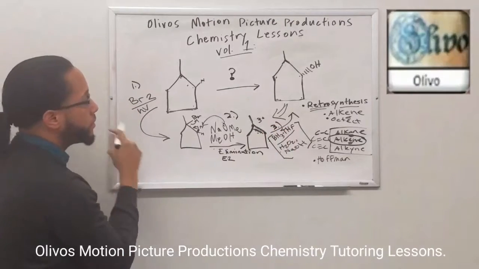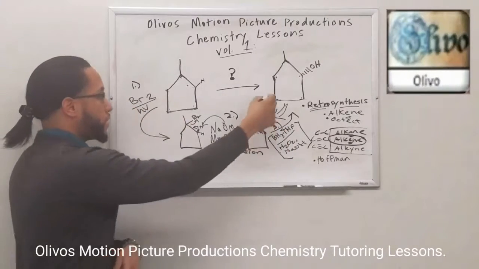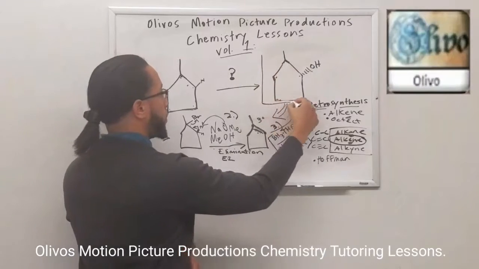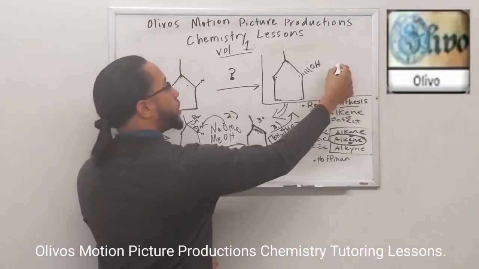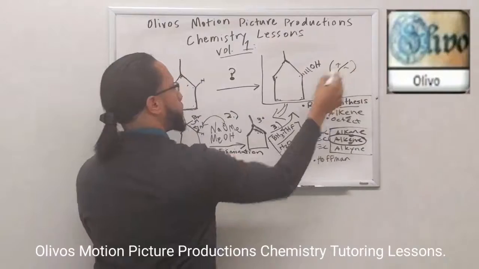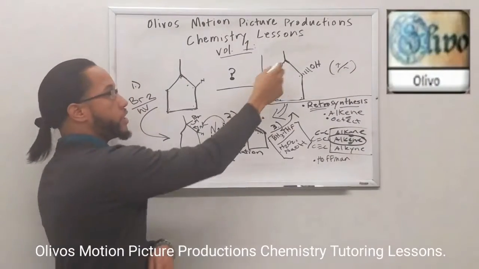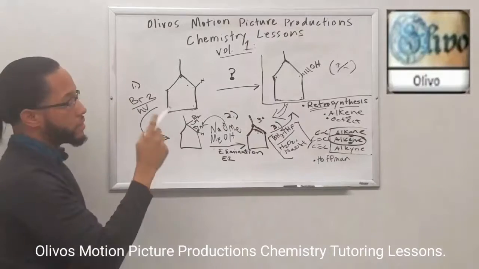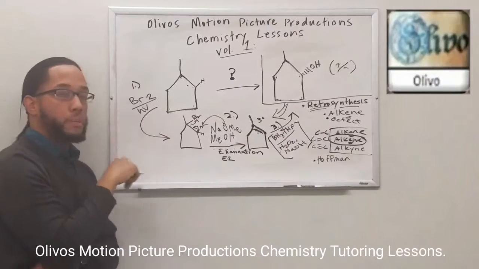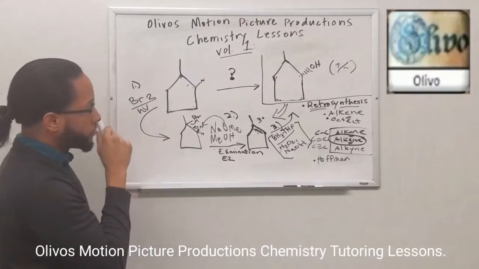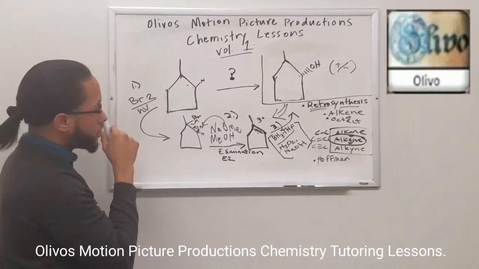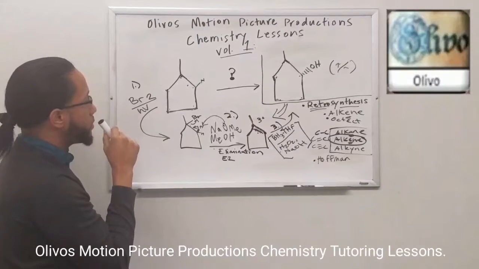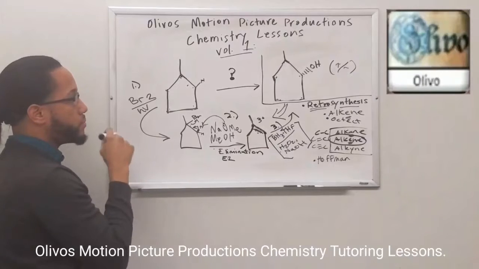In 3 easy steps, we were able to get this final product right here, plus or minus an enantiomer, because we have a wedge here and a dash here, so either way we have something that is racemic. So you have that OH right there. This is how you get to that product.